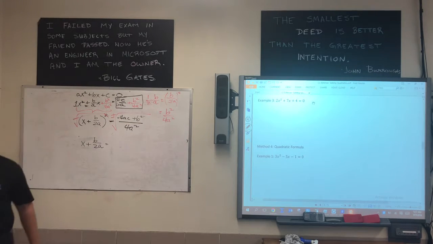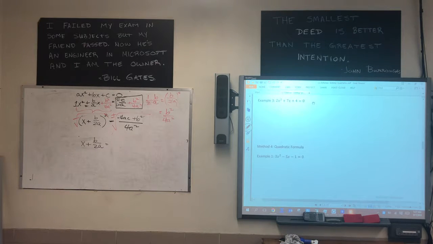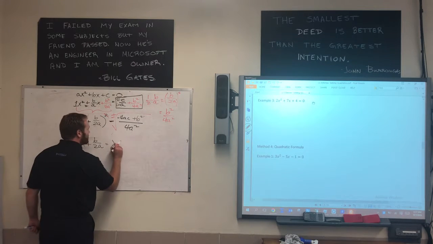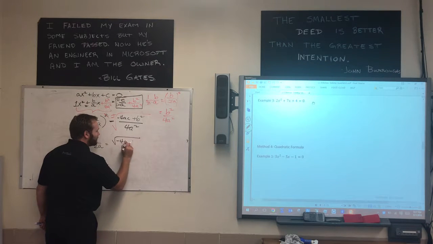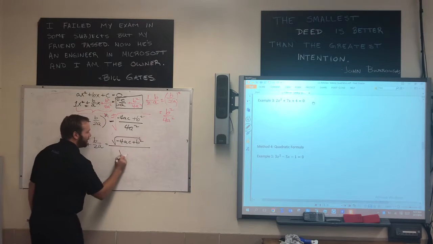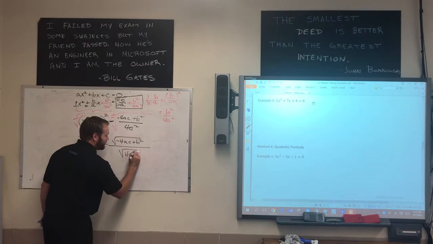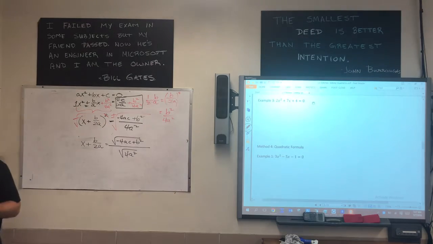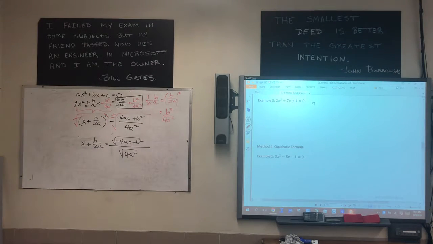Now on the right hand side, and we discussed this yesterday, when I have a fraction underneath a radical, I should be able to take the numerator under its own radical. That's because of the law of exponents. Numerator under its own radical. Denominator under its own radical, right? Is that doable?